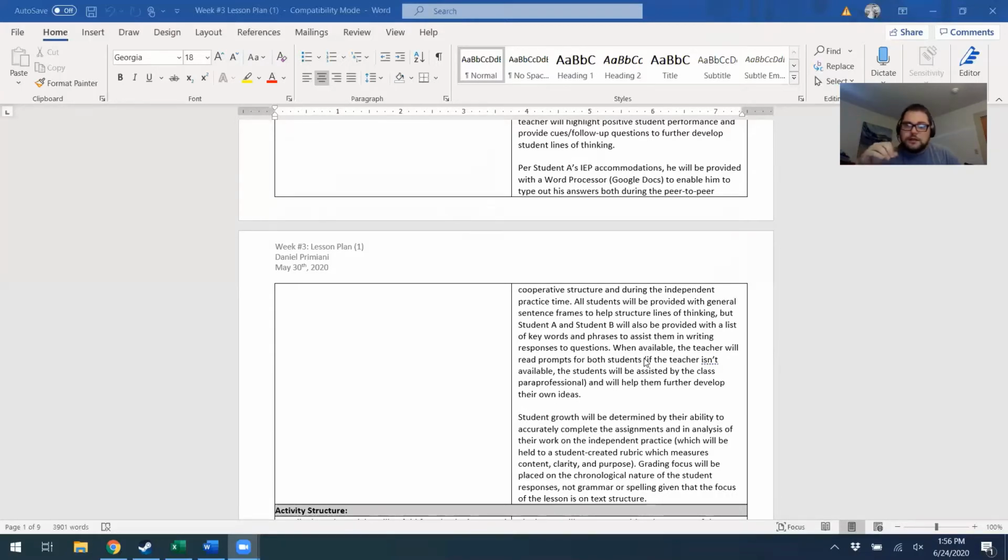For student A and student B, it might be a little more in depth, with the words and phrases they're given providing just a little bit more direction. It might frame the thinking, this character is important because of blank, giving them just a little more structure of what's being expected and what's being asked of them. When available, the teacher will read the problems for both students.